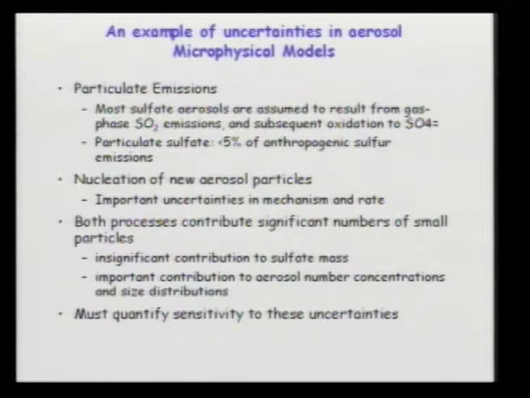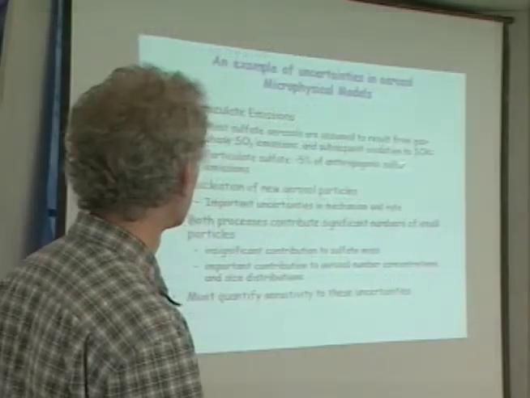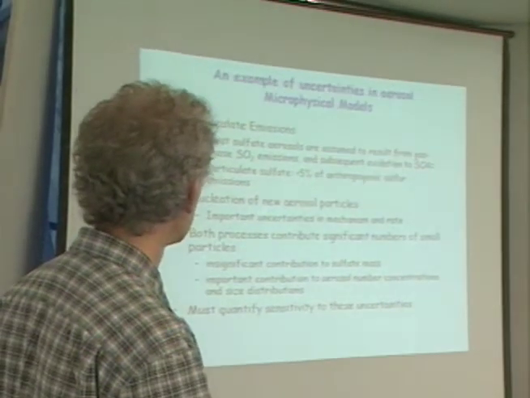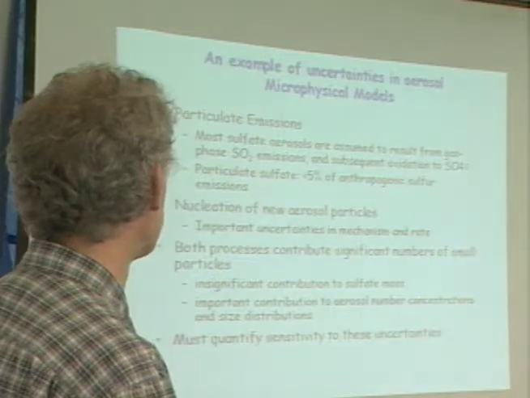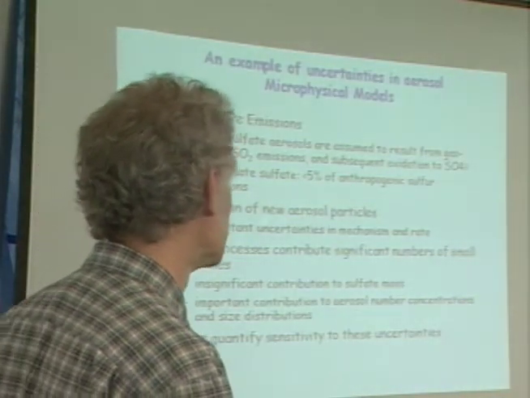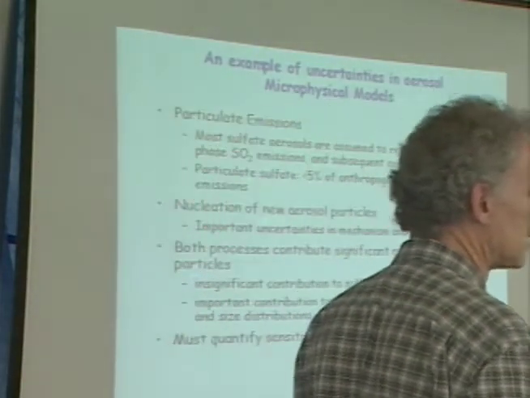So this 5% of the anthropogenic emissions which are injected as sulfate really make a very small contribution to the sulfate mass, but have a big change in the evolution of the species.